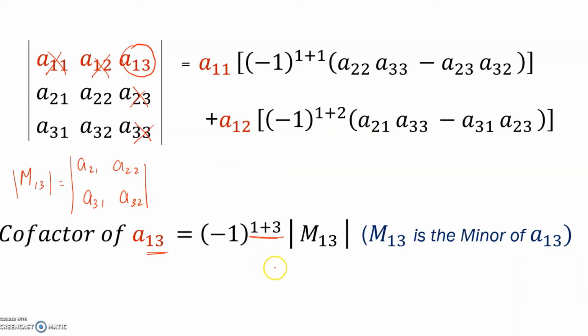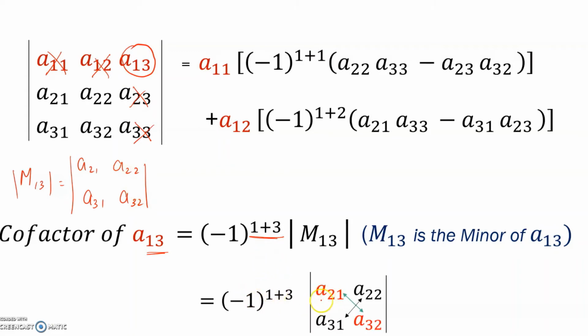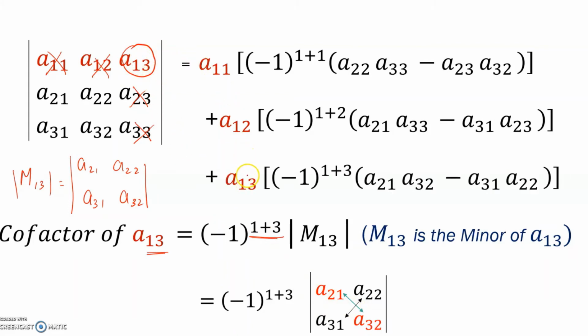Let me bring it down here. So we have this. Repeating the same process, A13 multiplied by the cofactor of A13. When you find the value of this, that will be the determinant of this matrix.